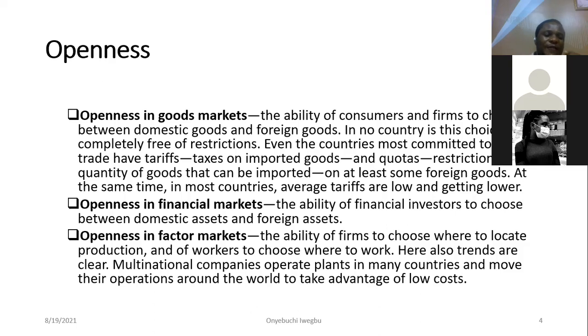Then for openness in factor markets, this is the free flow of workers, laborers, moving from one particular country to the other in search of labor. And why we are not considering this is because once you talk about openness in labor movement, most economies are restricted to it, except such economies are integrated.